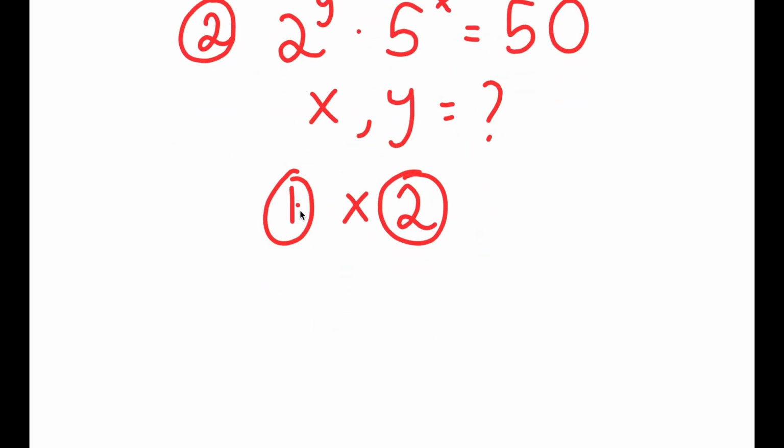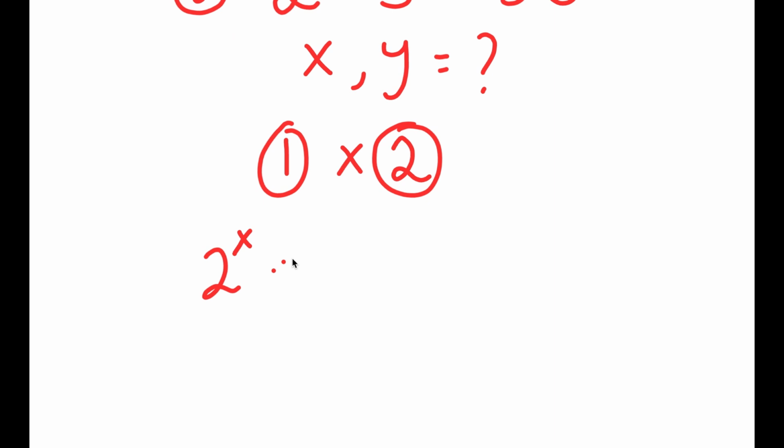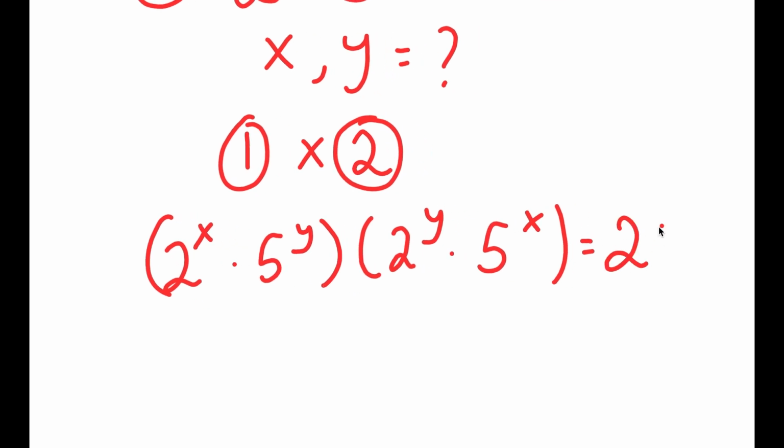So if I do this, I get 2 to the power of x times 5 to the power of y times 2 to the power of y times 5 to the power of x is equal to 20 times 50.